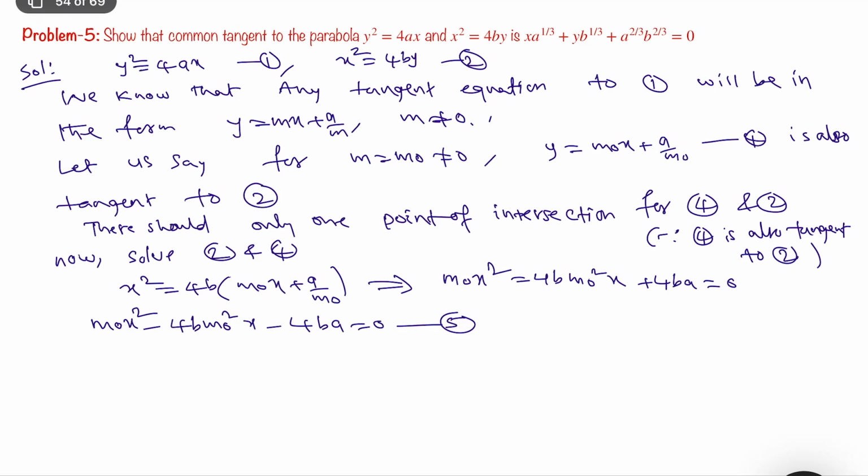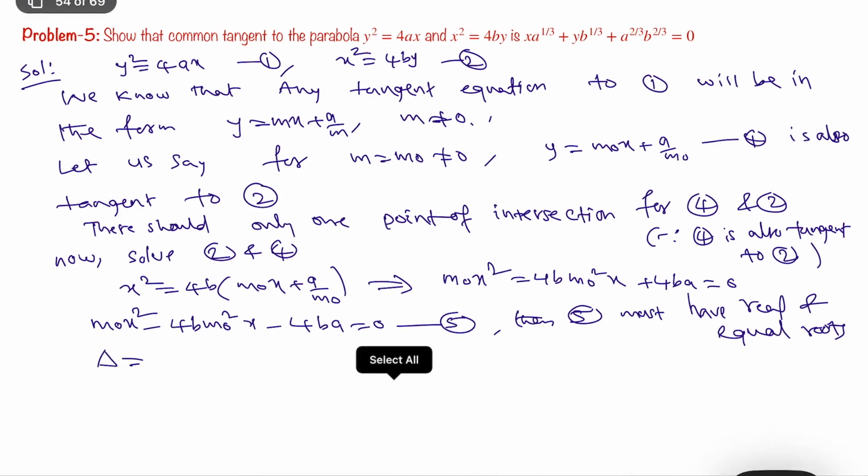Then this 5 must have real and equal roots, so that we get only one point of intersection. That happens only when the discriminant of this 5 is 0.